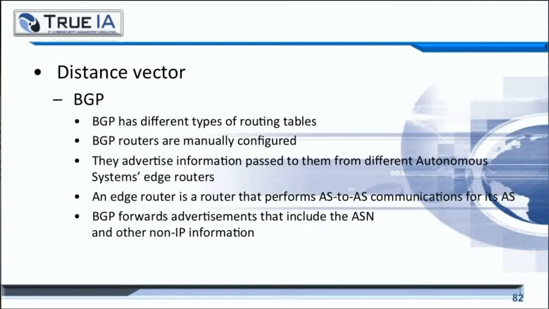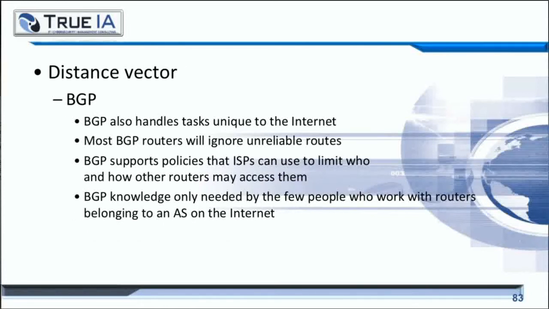BGP has different types of routing tables. The BGP routers are manually configured to know each other, and they advertise information that is passed off to them from other autonomous systems' edge routers. An edge router is simply a router that performs AS to AS communications for its own autonomous system. BGP forwards advertisements that include the autonomous system number and other non-IP information.